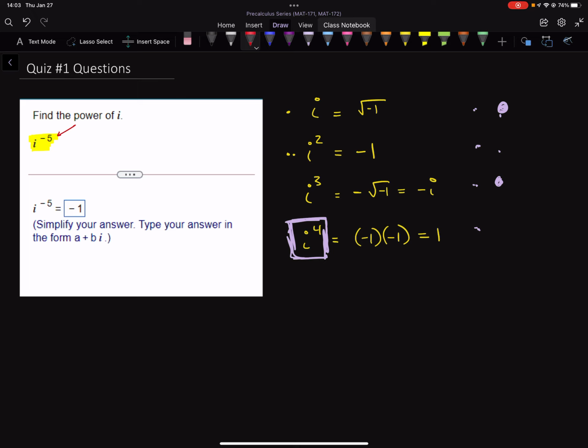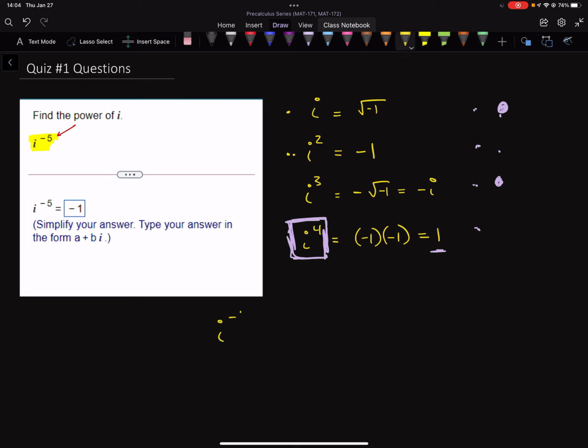Because i to the fourth is equal to 1, we're able to multiply this i to the negative fifth power by i to the fourth as many times as we would like to, because we're really only multiplying it by 1. All right, so let's go ahead and do that real quick.